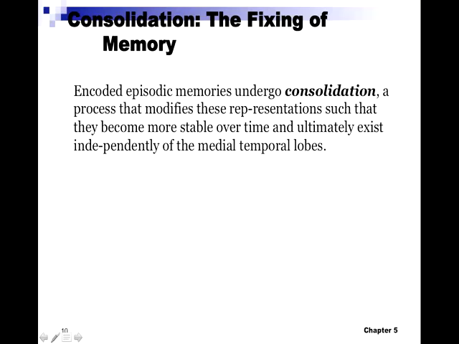So the last piece here for this section is about consolidation. The binding issue is how we put everything together into one mental picture. It's also called consolidation, where those memory representations that have been bound together become more stable.